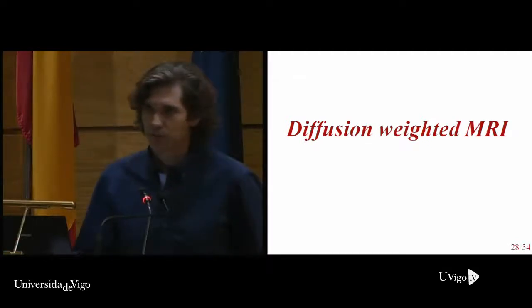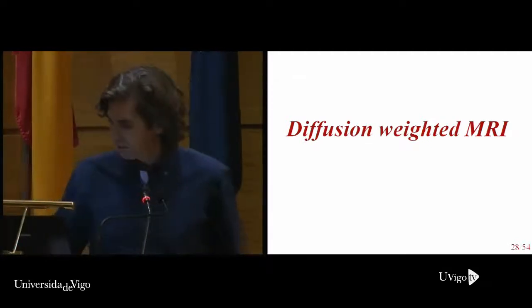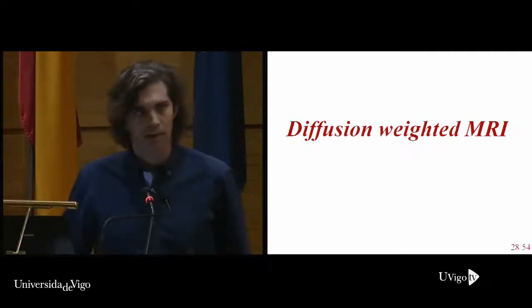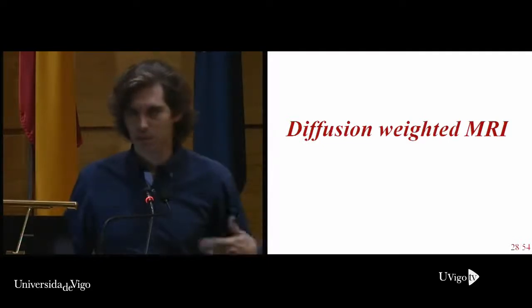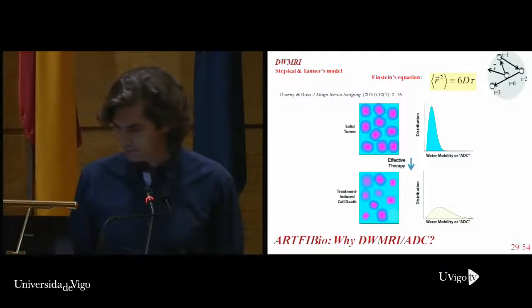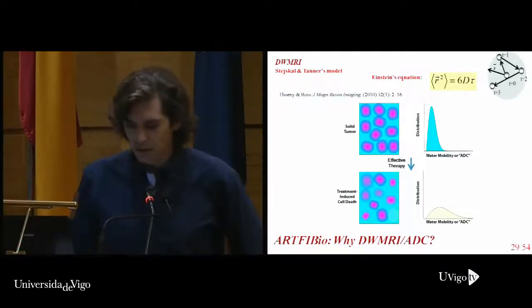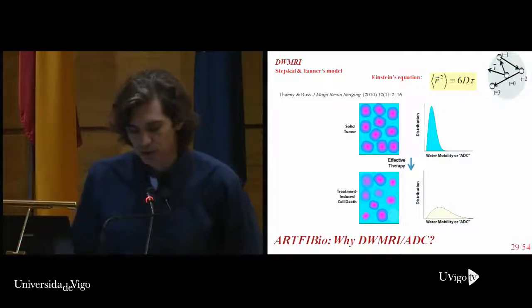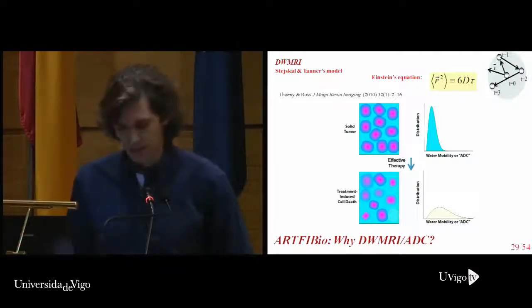Now I'm going to try to explain a bit of the process of diffusion-weighted MRI, but Beatriz will explain it in more detail later. Diffusion-weighted MRI measures the diffusion of protons in a medium, and is based on the attenuation of the signal according to a statistical model. Tumor cells are abnormal in size and shape compared to normal cells, and they're more tightly packed and have higher cellularity than the tissue from which they originate.